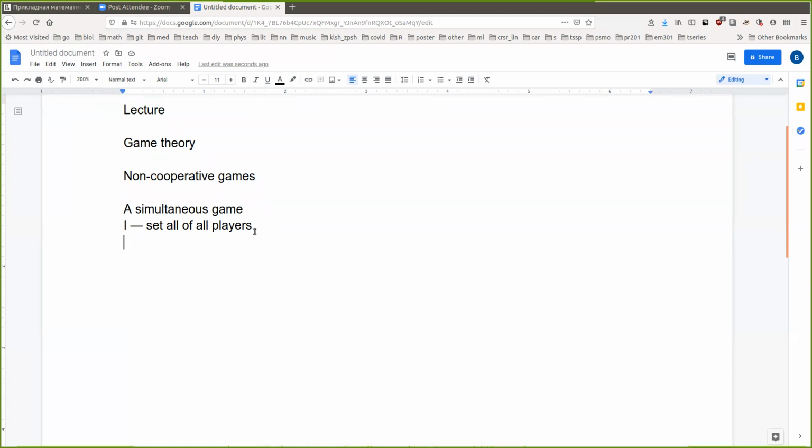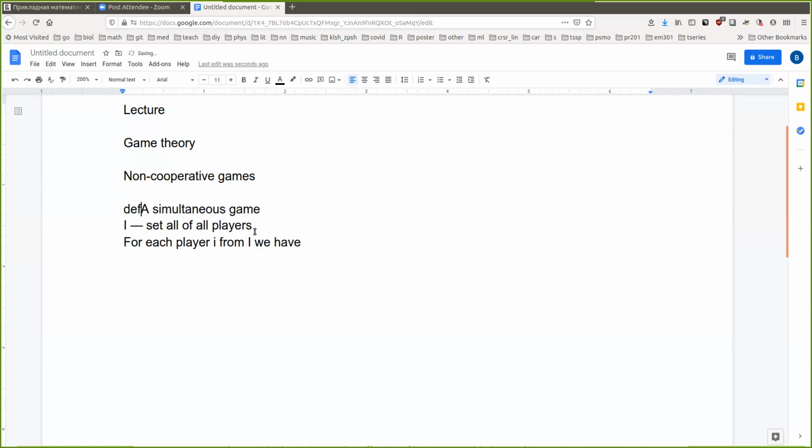I is a set of all players. It may be infinite, but we will consider games with 2, 3 agents, though it may be an infinite set. Each player I from the set of all players has a set.